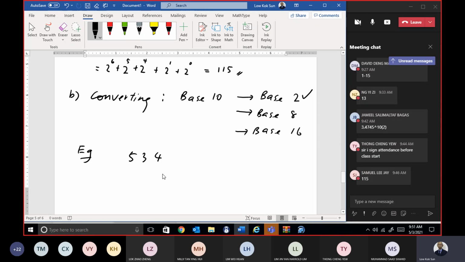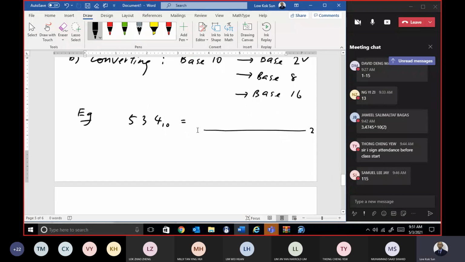Now this is base 10, and I want to change it into base 2. What should the number be? I'm sure it will be a very long number. What we do is divide, the common method.